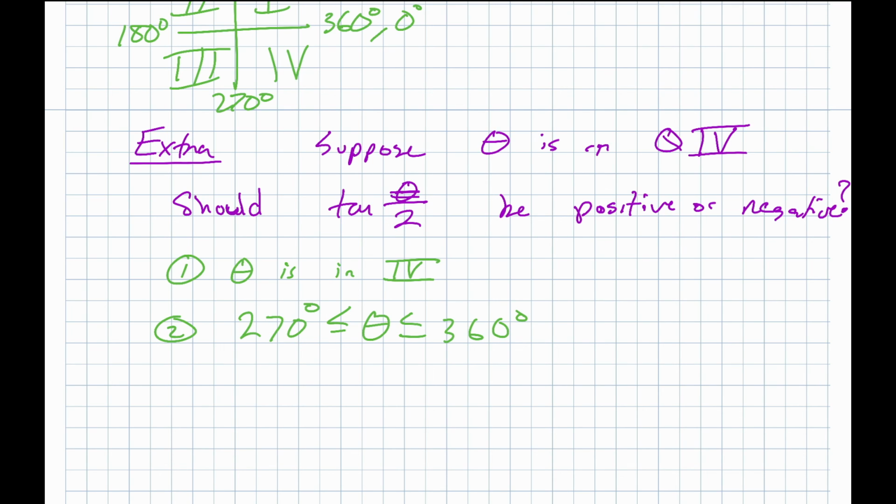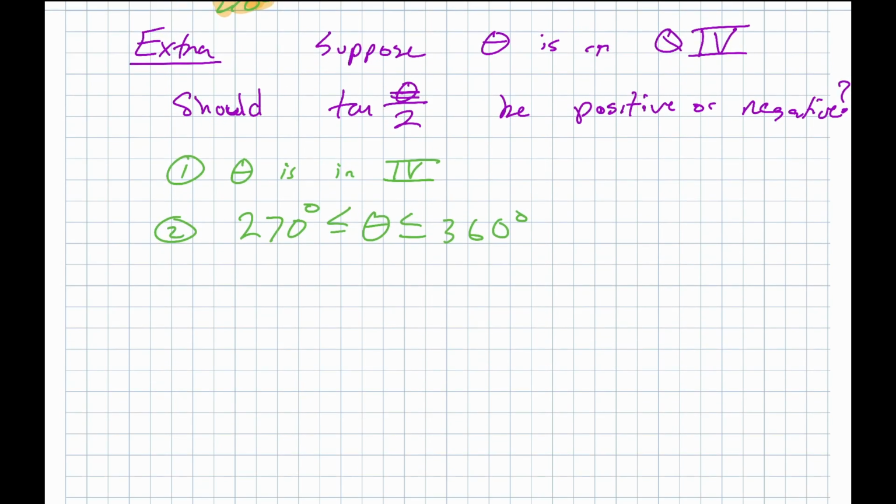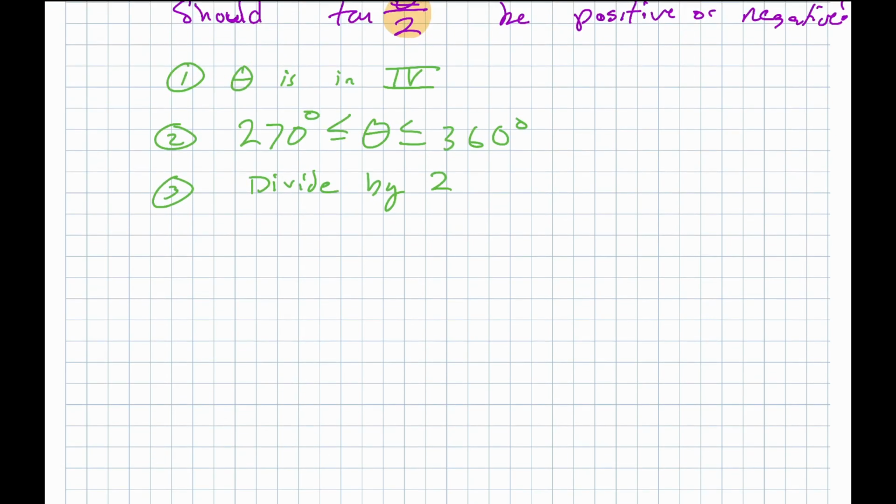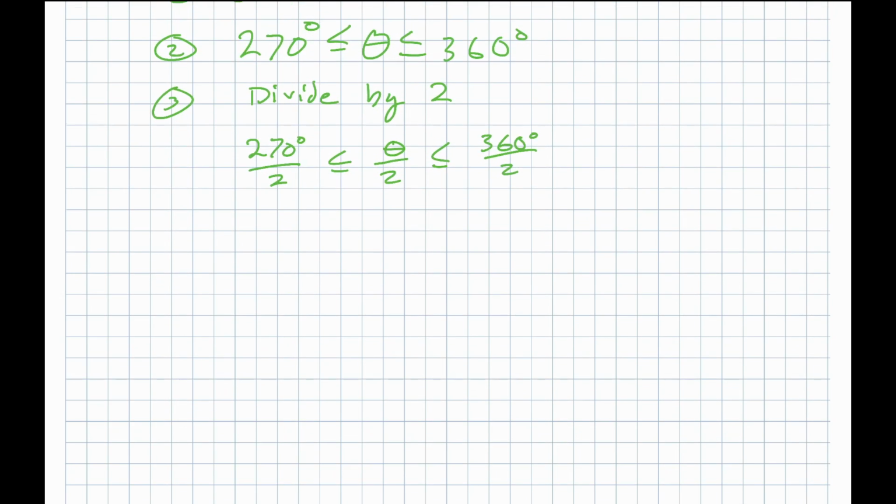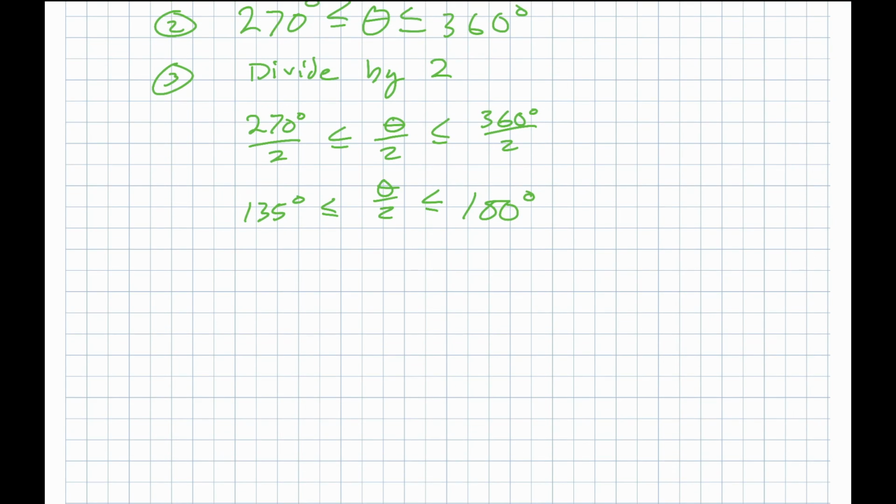Just because you are in here. And then if you want to know about theta over 2, divide by 2. So 270 over 2, 360 over 2, you get, just actually divide these, 135 for theta over 2, 180, like that.